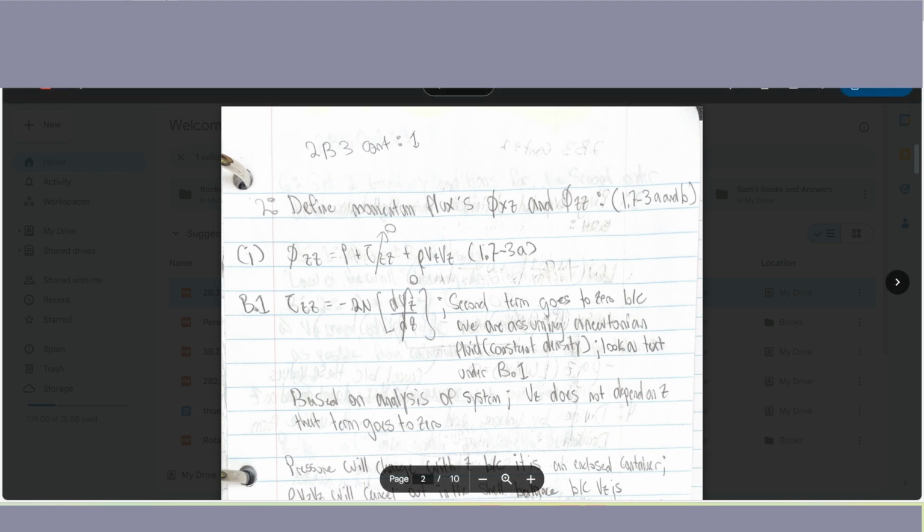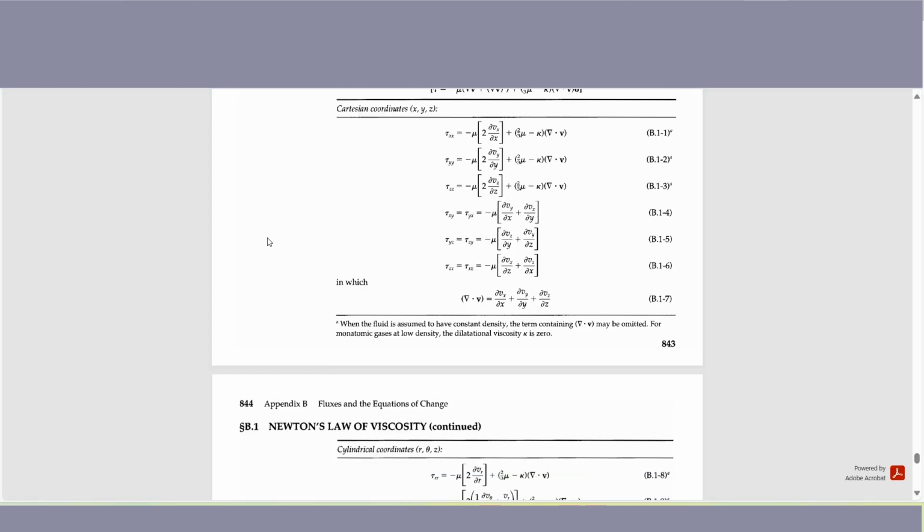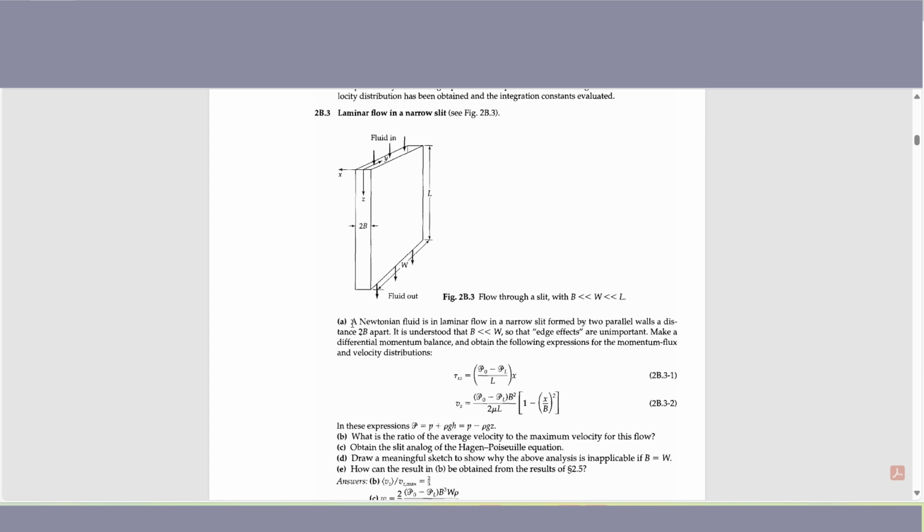Tau ZZ from table B1 is dVZ dZ, and this whole term goes to 0 when you have a Newtonian fluid with constant density. We're assuming it has constant density and it's Newtonian, so we can assume that term goes to 0.